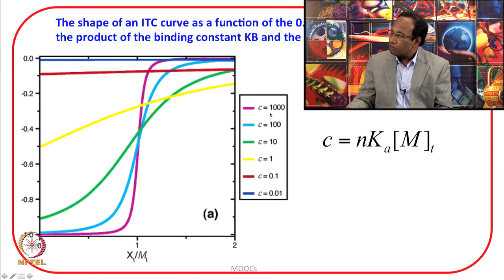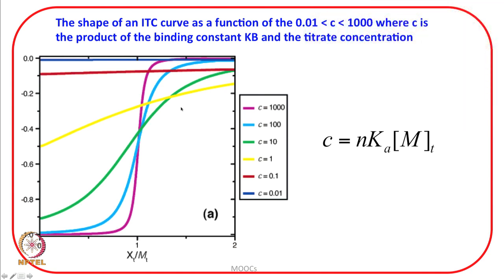But when C value becomes 1000, here we see a large amount of cooperativity kind of profile is seen, but a C value of 1000 has to be avoided for the reasons that I will describe a bit later. But a general conclusion that can be drawn from this kind of figure is that a proper C value has to be maintained if we want to get a good experimental output.